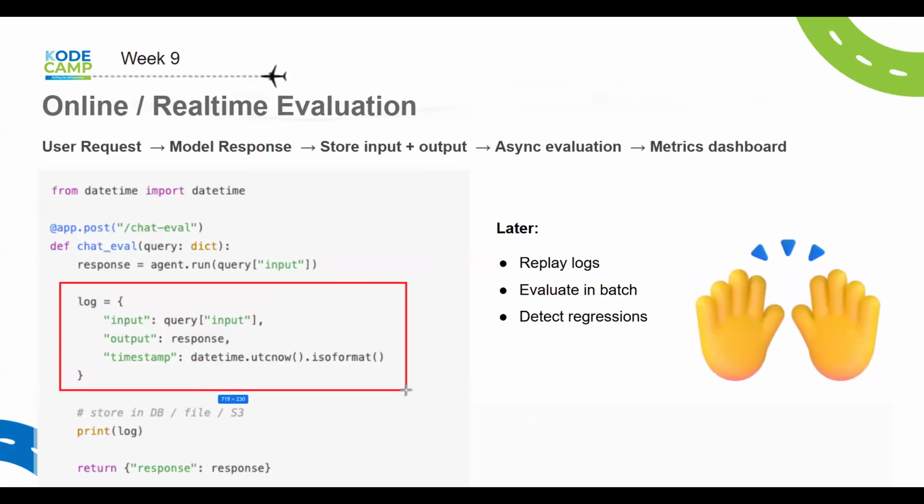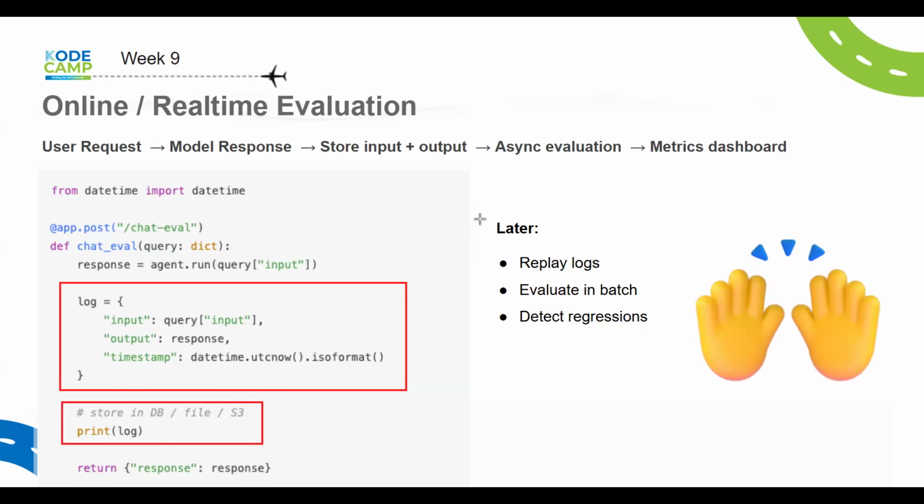Typically you log this somewhere. Here we are using print, but typically you would store it in a database that you will retrieve later and use for assessment, or in a file, or in cloud storage, for example S3. So you log this, and then of course you still return a response back.